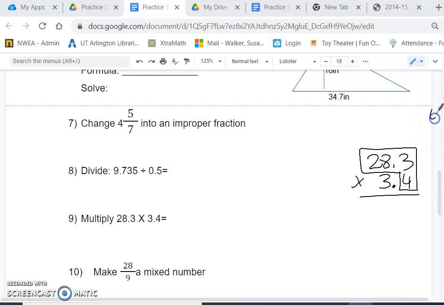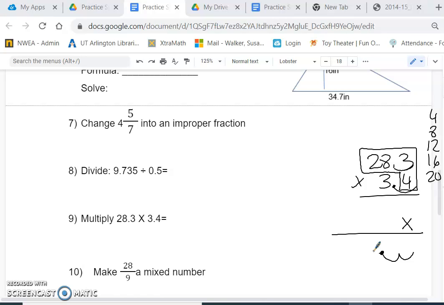So you want to list your 4s and so forth. Then you would cross that out and do your 3s. Then 1, 2, 1, 2. Okay? That's where your decimal will go.